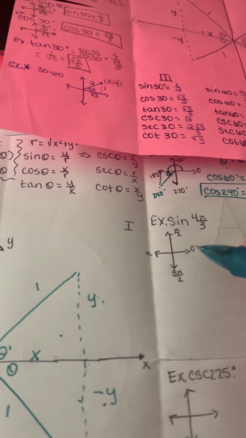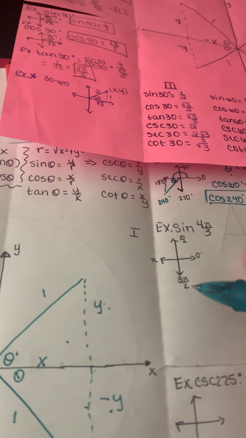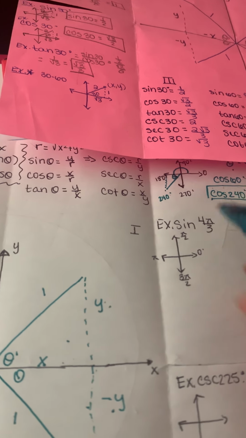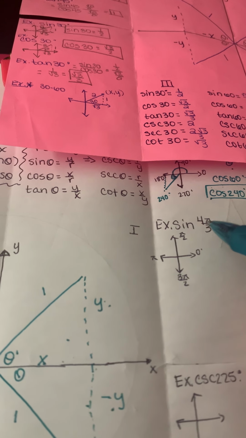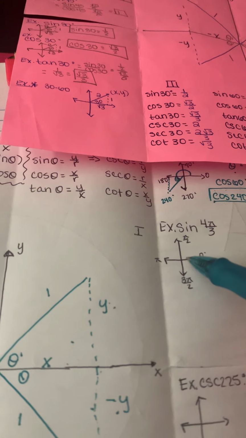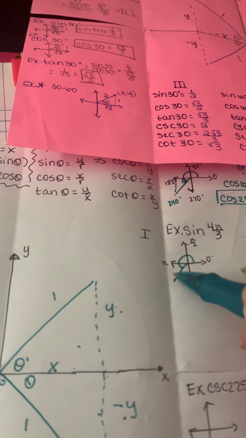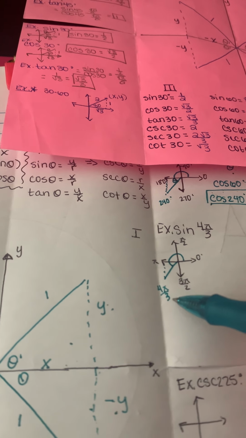Notice I label my unit circle 0, pi over 2, pi, 3 pi over 2. So 4 pi over 3 is located, because look, how I know that it's located is 1 over 3 over pi, so therefore it's going to be in this quadrant over here. Okay, so there's 4 pi over 3.